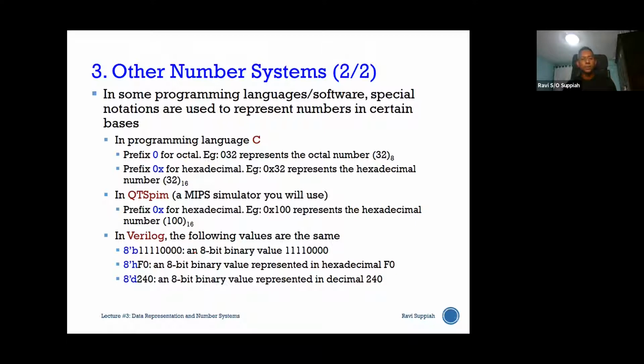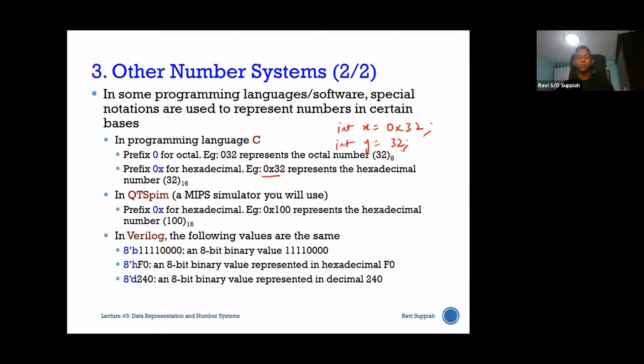In terms of representing these different forms, the octal, hexadecimal or binary, in C programming languages, the prefix for hexadecimal is 0x. So if I say integer x equals 0x32, and integer y equals 32, these are two different values.